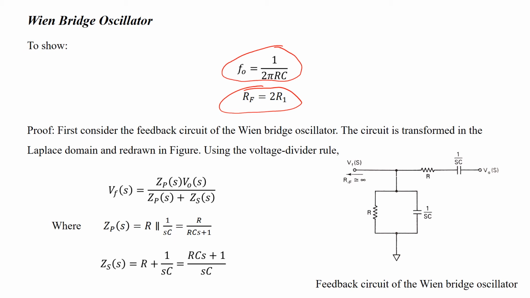So using voltage divider rule, we can write VF(s) is Zp(s) over Zp(s) plus Zs(s) into V0(s), where Zp(s) is the parallel combination of R and C and Zs(s) is the series combination of R and C. Now we can write Zp(s) as R over RCs plus 1 and Zs(s) as RCs plus 1 over sC.